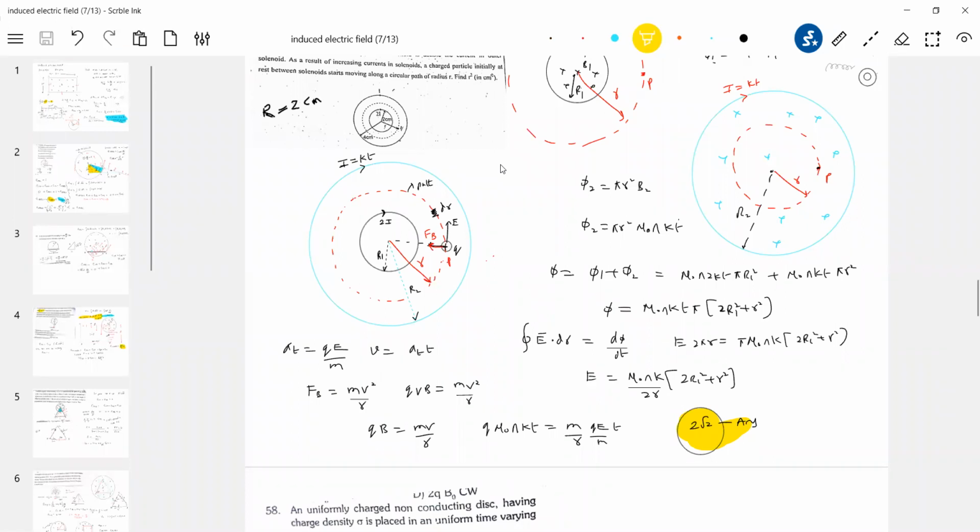I substituted v equal to qEt/m, so here substitute the value of E from this equation and solve it to get the required answer. So that μ₀nk will get eliminated. You can see from here.